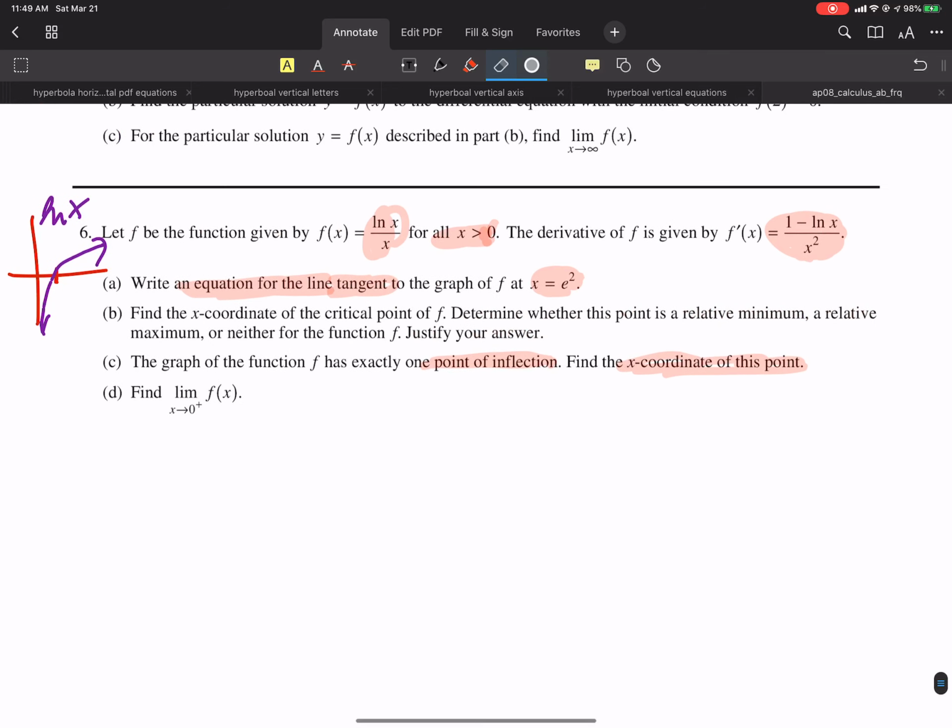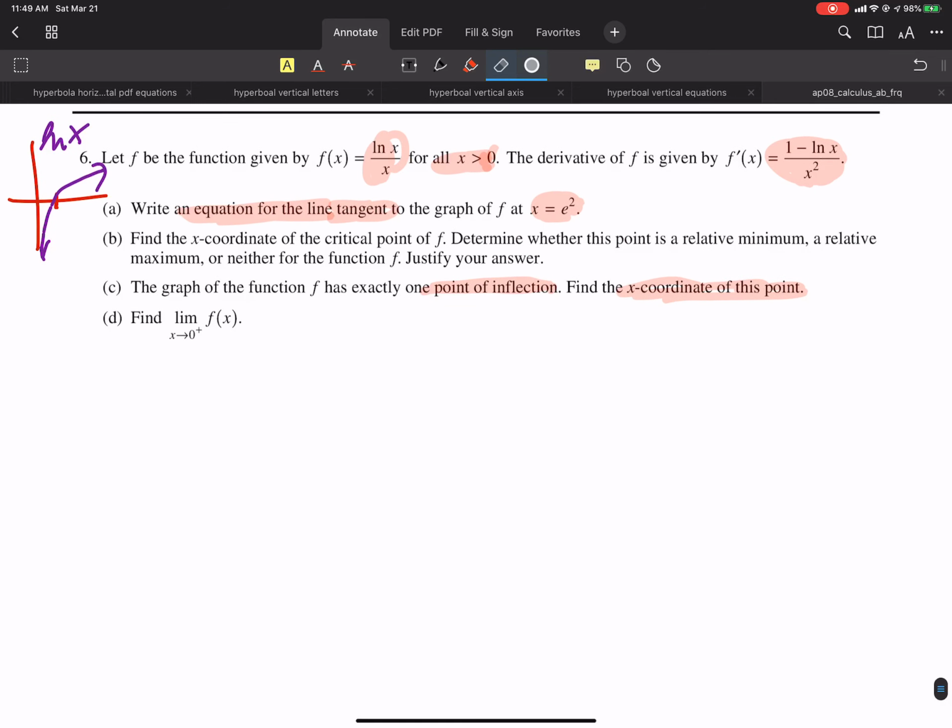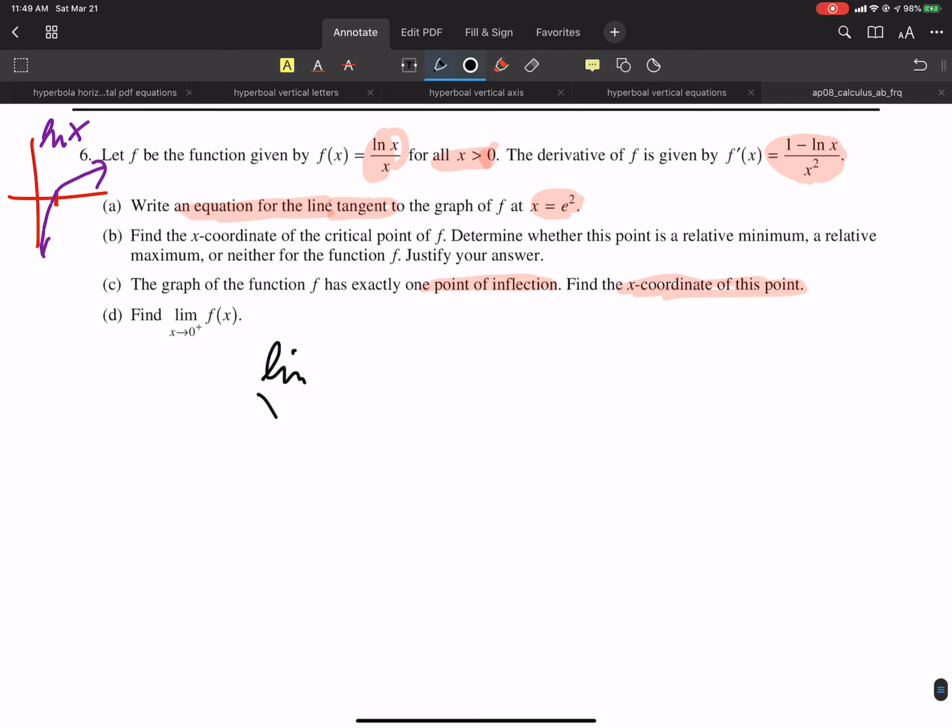We want the limit as x goes to 0 from the right. The limit as x approaches 0 from the right of ln of x over x. Now, if you look at the graph, as we approach 0 from the right, the graph goes down towards negative infinity.